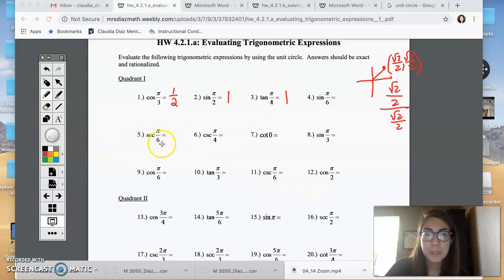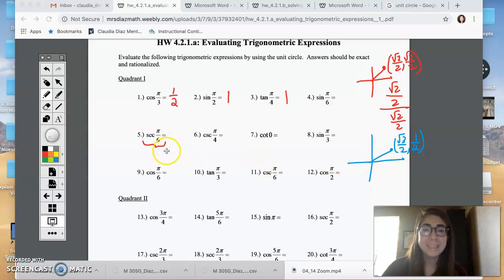Let's do something more challenging like secant. Secant of pi over 6. On the unit circle, pi over 6 is that first point here. The coordinate is root 3 over 2, comma 1/2. Secant is the reciprocal of cosine, so it's 1 over cosine, which is 1 over x.